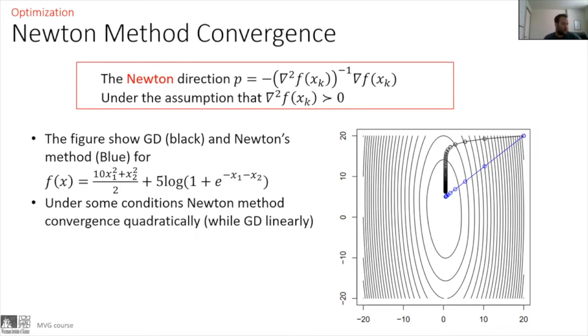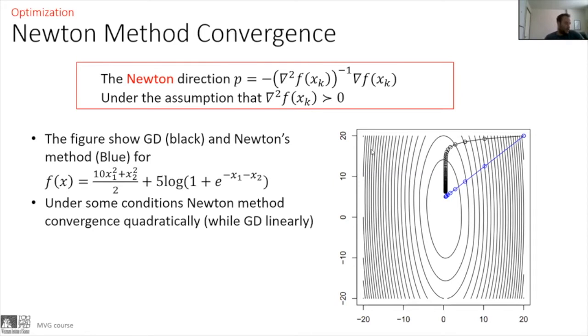Yeah, exactly. Like I can show you a lot of not interesting examples. Like I can take a linear function and then gradient descent also converges in one step, right? Correct. Cool, thanks. All right.